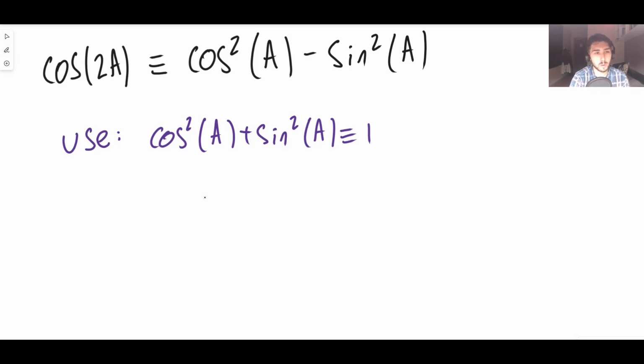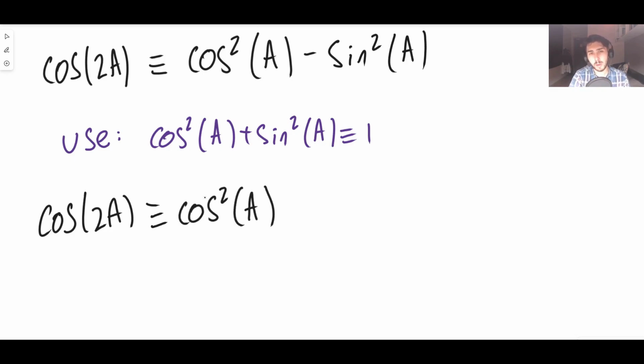We use this essentially to replace, in one case the cos squared and in the other the sine squared. I'll show you that. First of all, let's replace the sine squared. So cos 2A is identical to cos squared A again, but this time I'm going to replace sine squared A. If I make sine squared the subject, I get that sine squared A is 1 minus cos squared A. So I replace sine squared A with 1 minus cos squared A. They're the same thing.